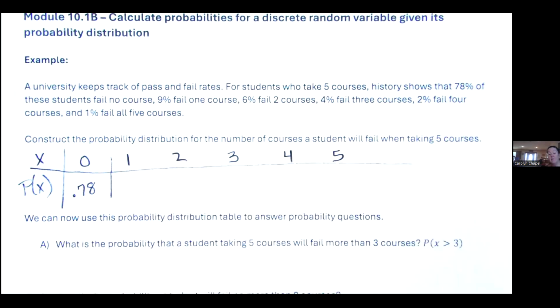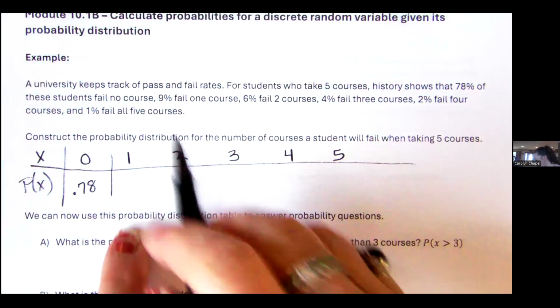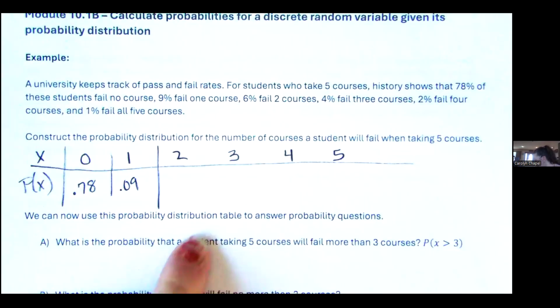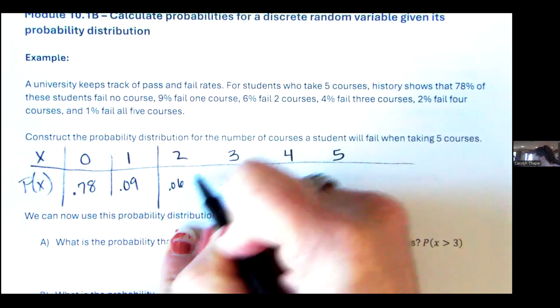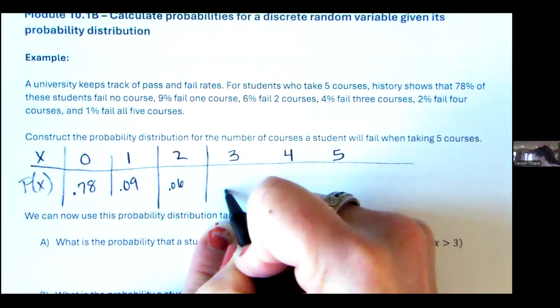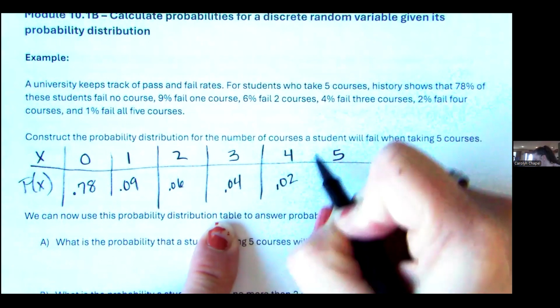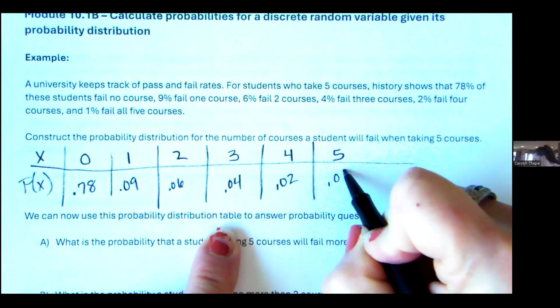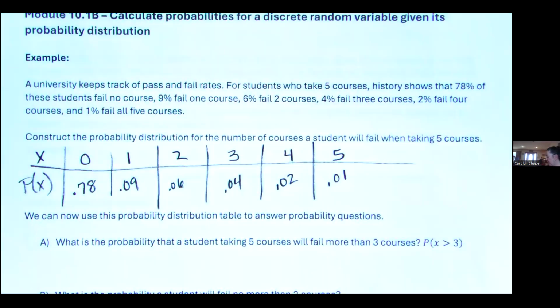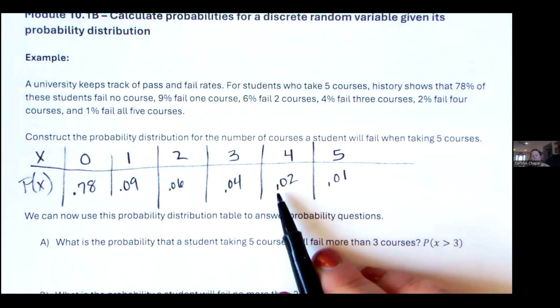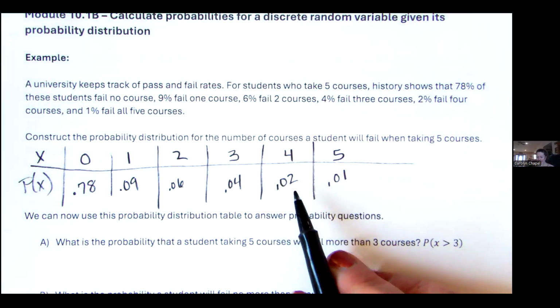Probabilities, again, are between 0 and 1, so we will write that percentage in its decimal form. We had 9% who failed 1, 6% who failed 2, 4% who failed 3, 2% who failed 4, and 1% who failed all 5. Notice I put it in decimal form, remembering that 2% is 0.02.